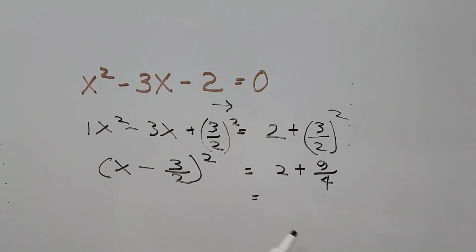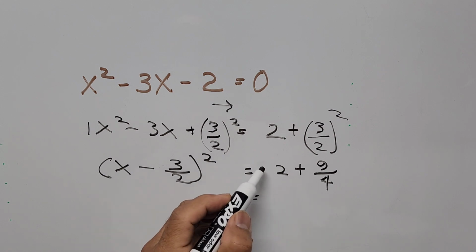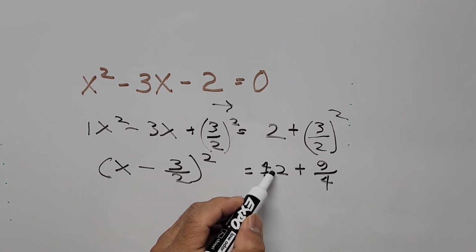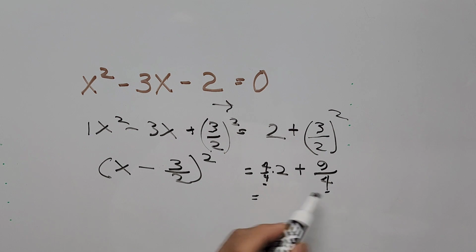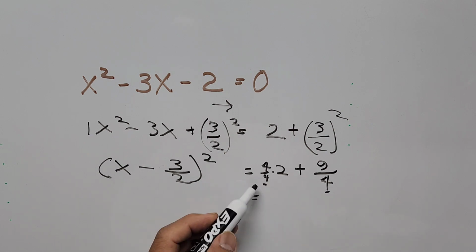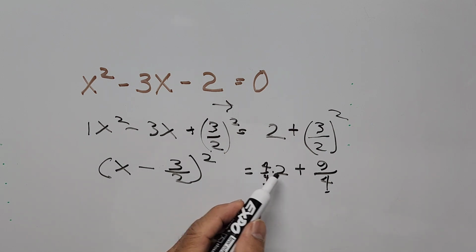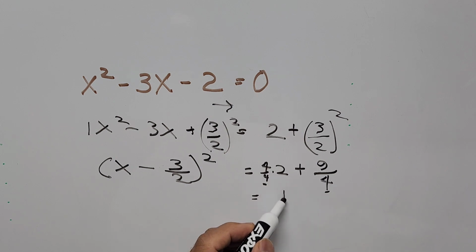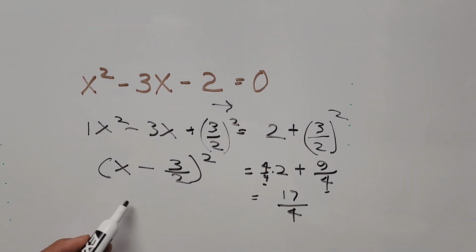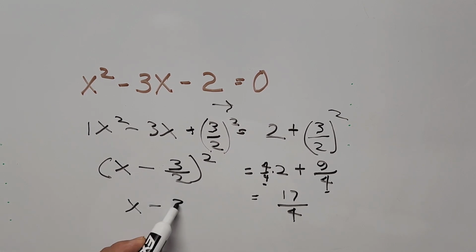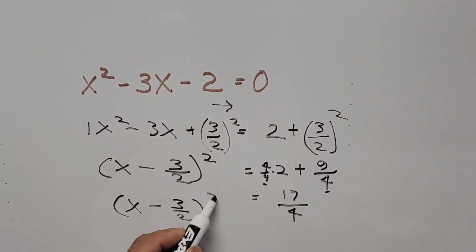This is simplified as we multiply by 4 over 4 so we're going to have the same denominator. Now we can proceed to addition. 4 times 2 is 8 plus 9 is 17 over 4. The left-hand side remains the same, x minus 3 halves squared.